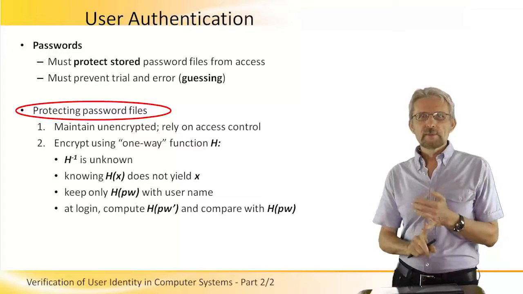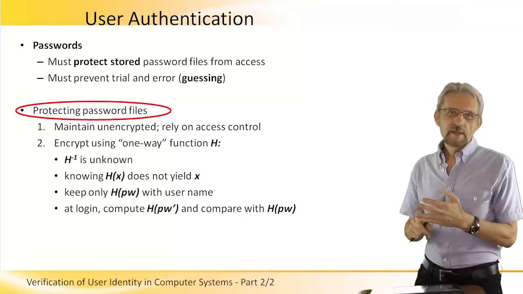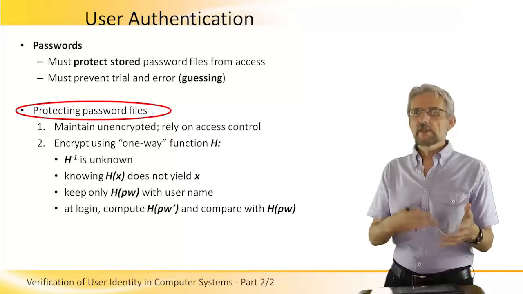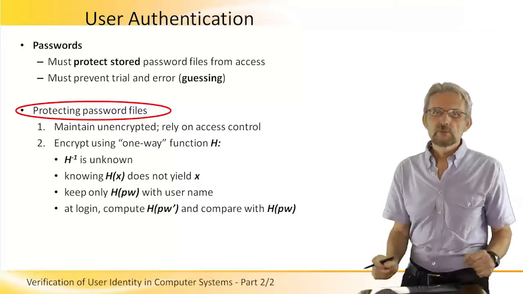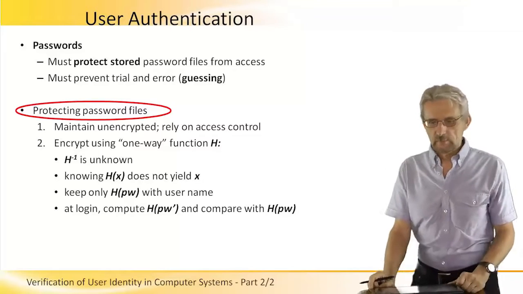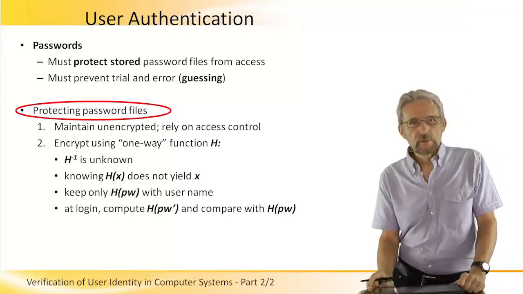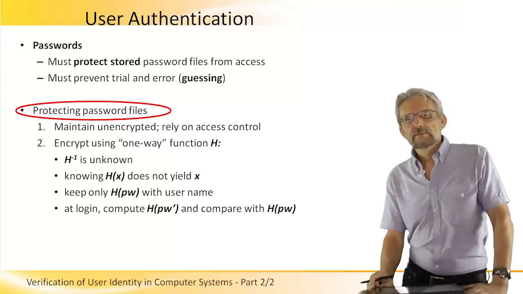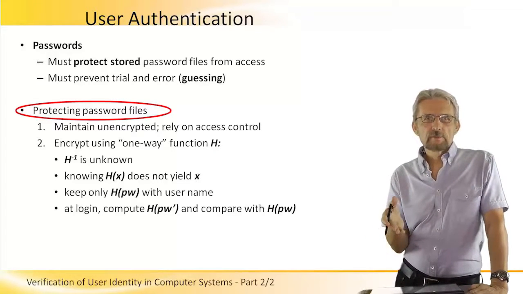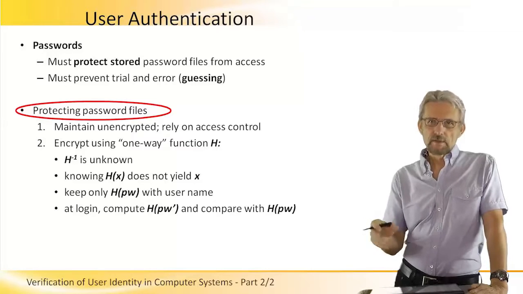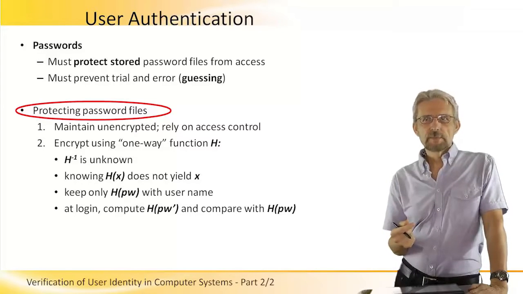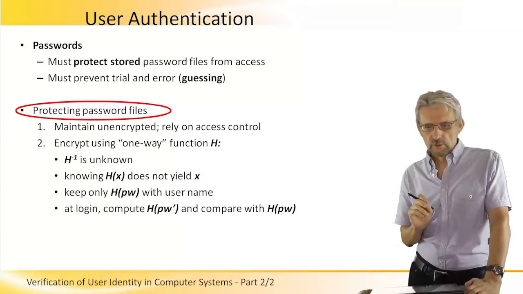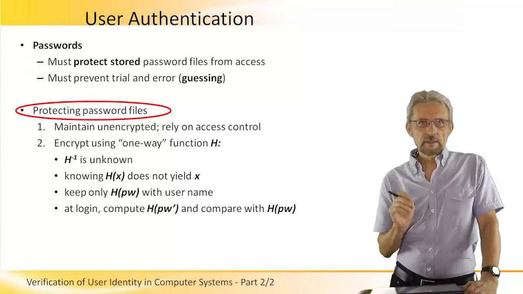They are still human, and they can be corrupted. And if they have access to these passwords, they could be enticed to access them or to sell them or something of that nature. So that's one problem. The other is that if somebody breaks into the system and actually becomes a super user, they would have access to these passwords. So that's a very dangerous thing to do, to maintain passwords in an unencrypted form.